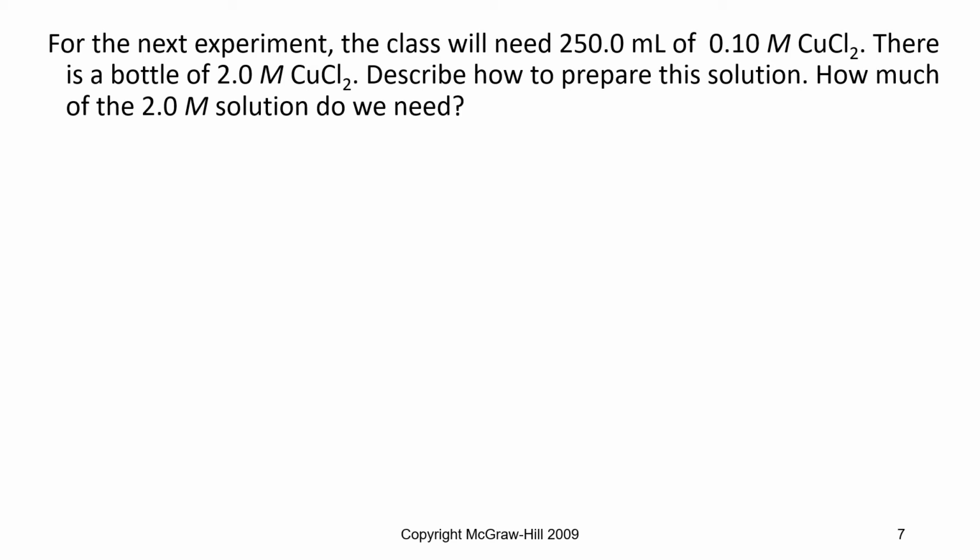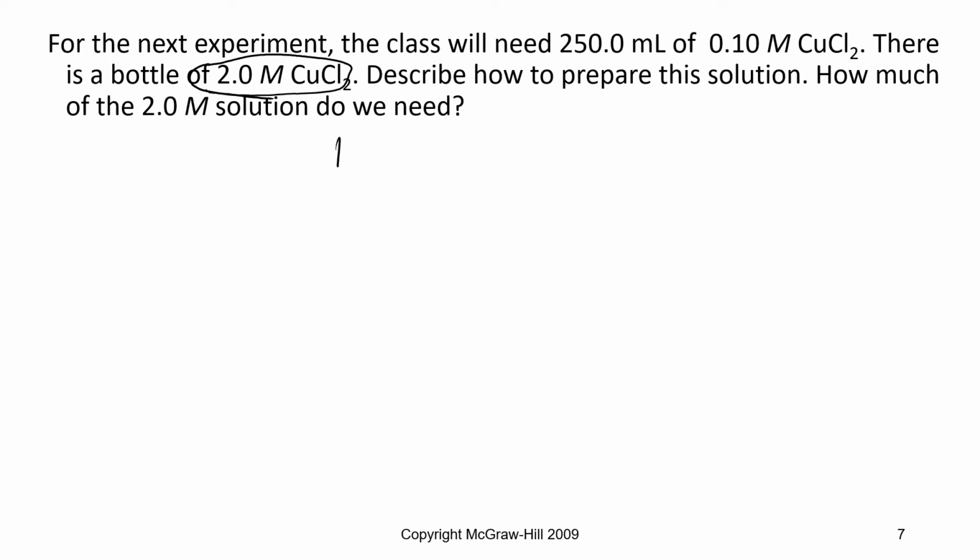the class will need 250.0 mL of 0.10 molar copper(II) chloride solution. And in the stockroom, there's a bottle of 2 molar copper(II) chloride solution. Describe how to prepare the solution. How much of the 2 molar solution do we need?